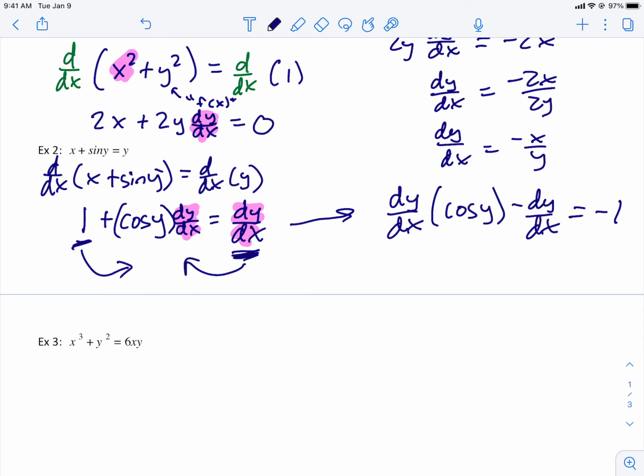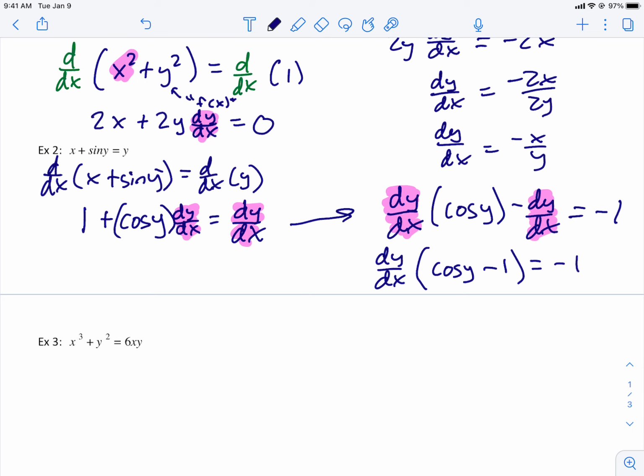Okay? And now what you can do, and this will be commonly used with implicit differentiation, is factor out dy dx. So if you factor out dy dx, now what's left is cosine of y minus 1 equals negative 1. And so then you can easily isolate dy dx if you just divide by cosine of y minus 1.